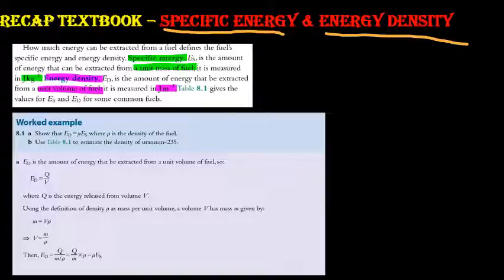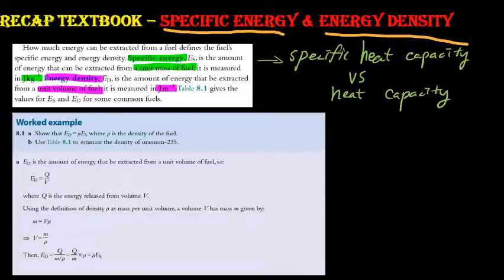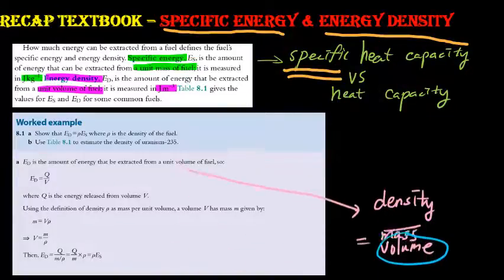I think the way to memorize it is actually very easy. For specific energy, you can recall specific heat capacity, which is how much energy you need to increase the temperature by 1 degree Celsius or Kelvin per 1 unit mass, right? So the word specific here is talking about the mass.